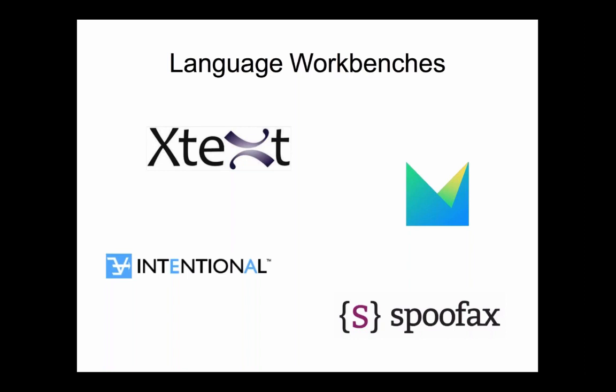Intentional, on the other hand, is a commercial language workbench, and the company Intentional has been recently purchased by Microsoft. Unfortunately, I don't know any details or future plans that Microsoft has with Intentional, but there might be an indication that Microsoft could see some potential in the field of language workbenches, but maybe we'll see in the future.